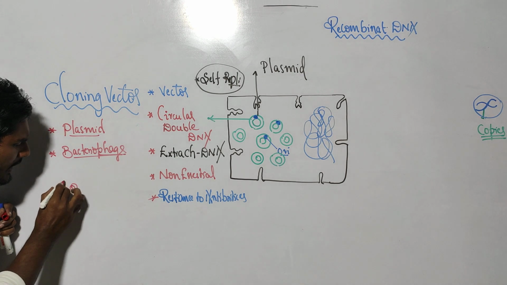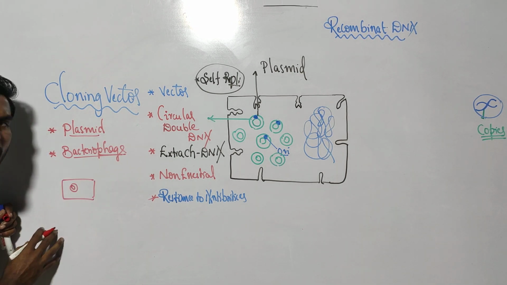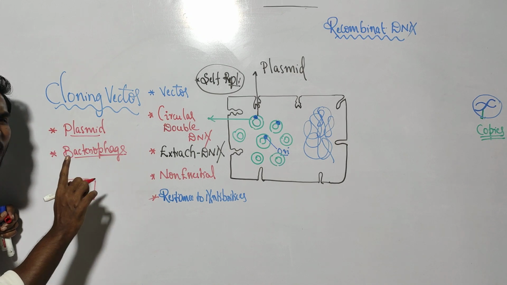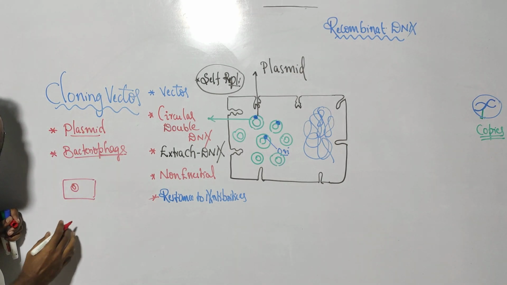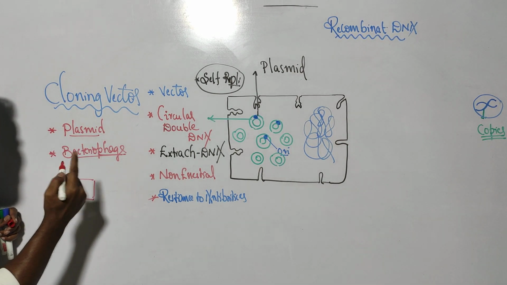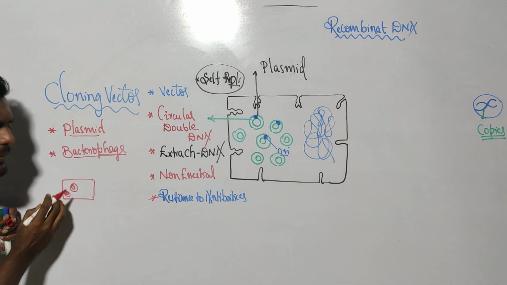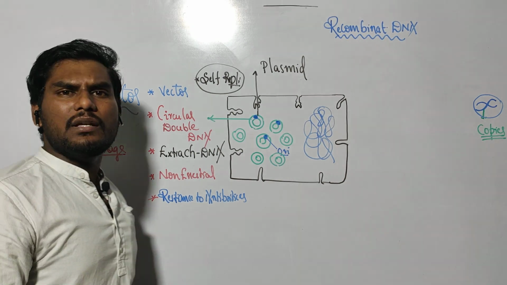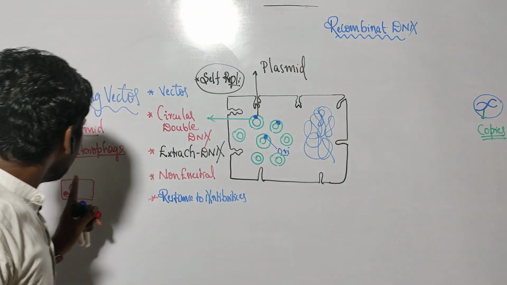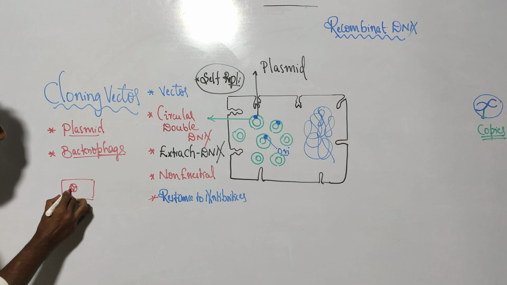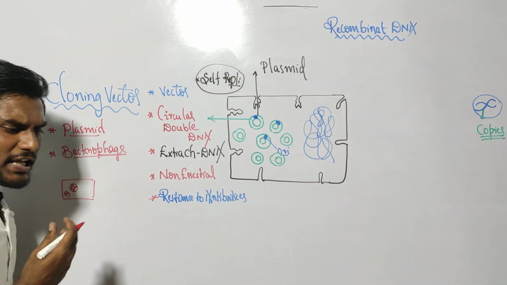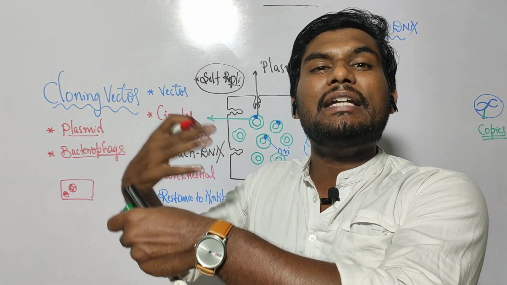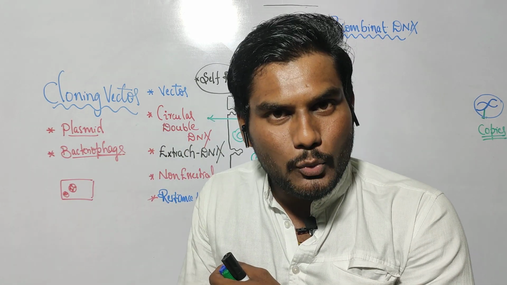Say I throw this plasmid inside one bacterium. At that time this plasmid replicates only one time, meaning it has only one ORI site. If it has only one ORI site, it will give only one copy. If you want many copies, that plasmid should contain many ORI sites. If it has many ORI sites, it will give multiple plasmids.